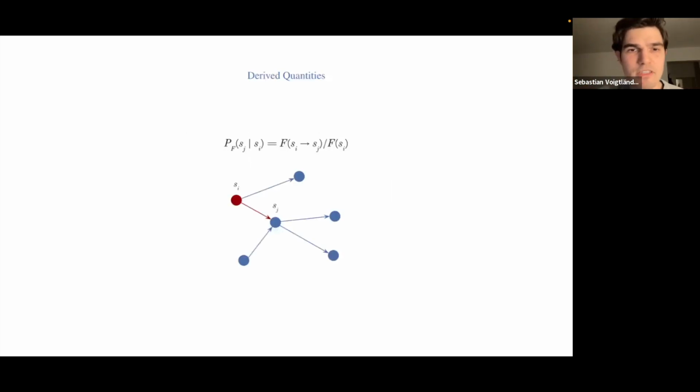And the quantities that you can derive from that now, and this is how you go back and forth in the graph, are the forward and the backward probabilities. And the forward probability is simply defined by the flow from node Si to Sj divided by the total flow, and that's a well-defined probability distribution. And the backward probability distribution across the graph is simply this flow across the edge divided by the node Sj.